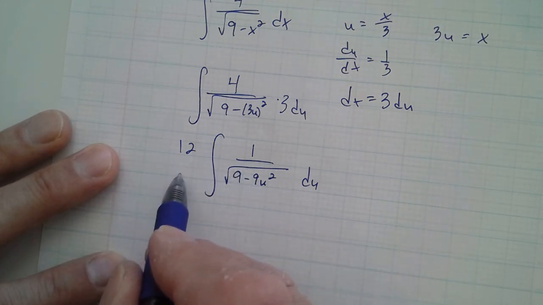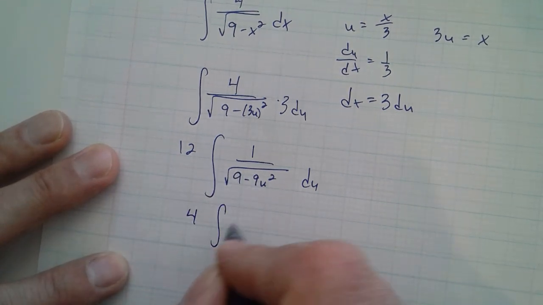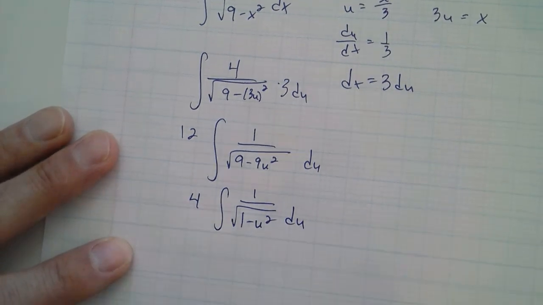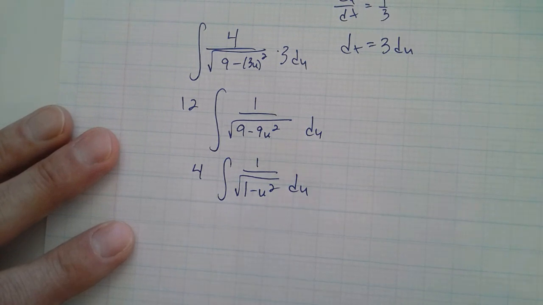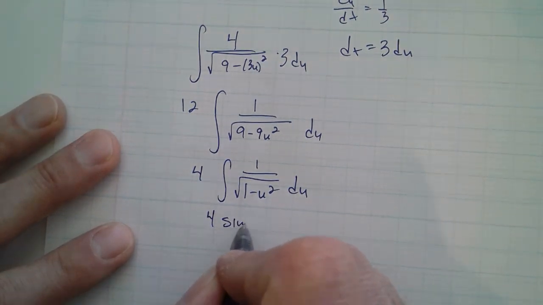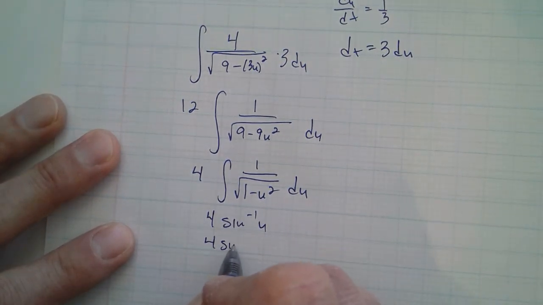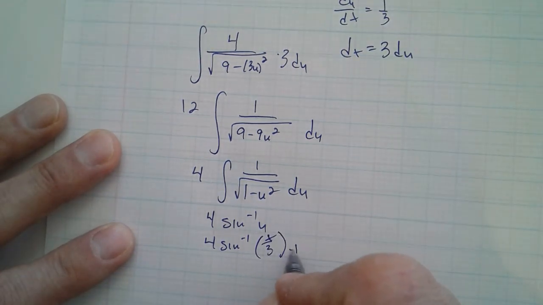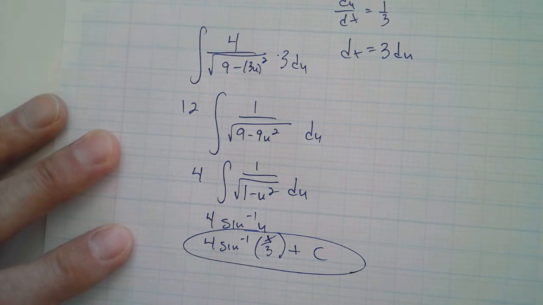So we're dividing by 3, so we have 4, which is inverse sine. So 4 inverse sine of u, 4 inverse sine of x over 3. And I just did an indefinite integral, so plus c.